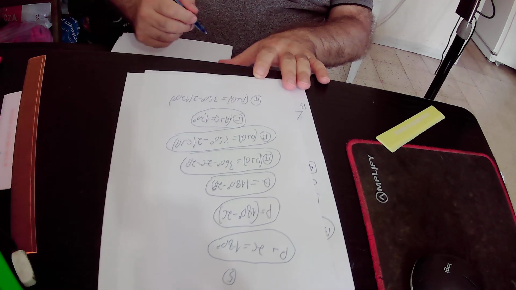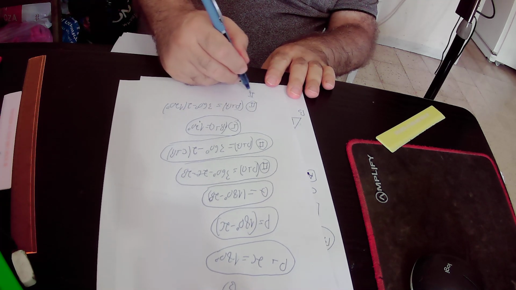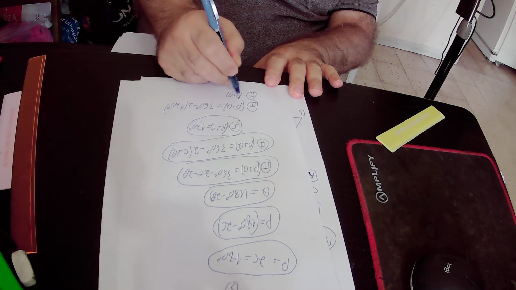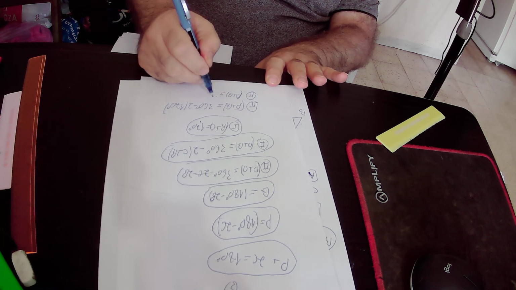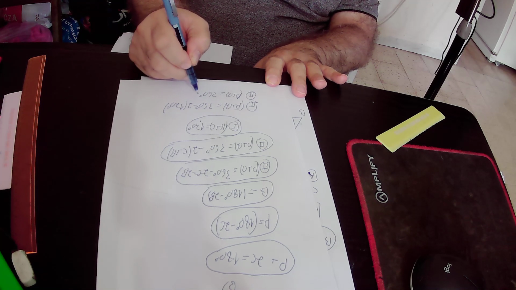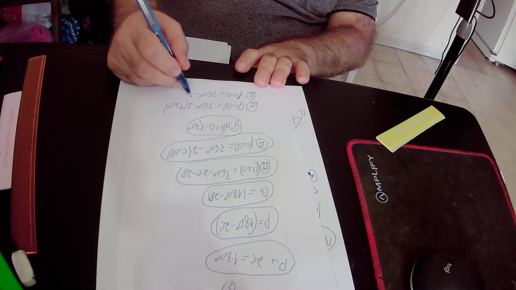So according to equation number 2, P plus Q equals 360 degrees minus 2 times 120 degrees is 240 degrees.